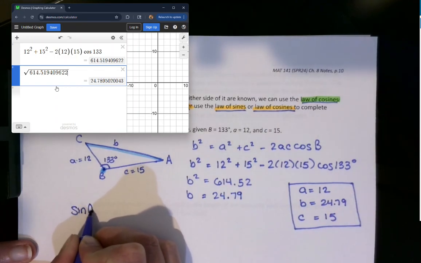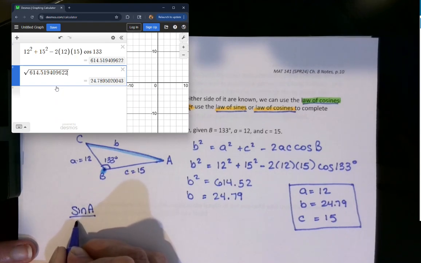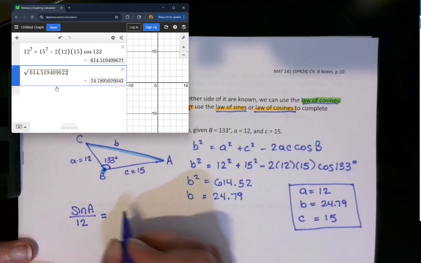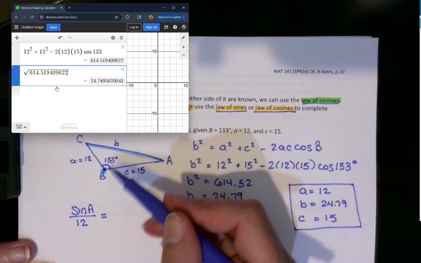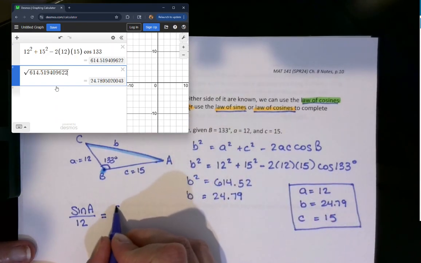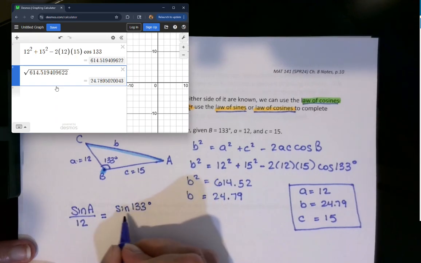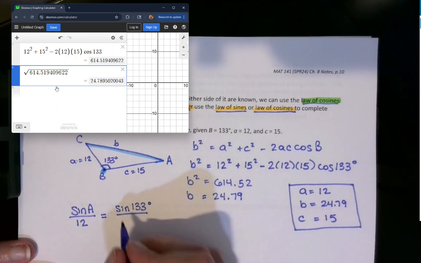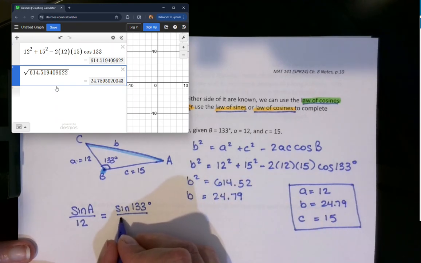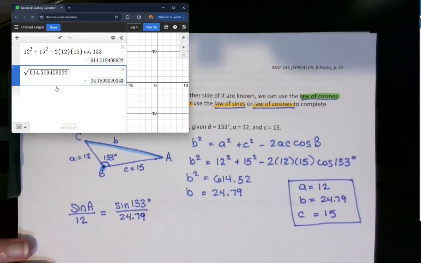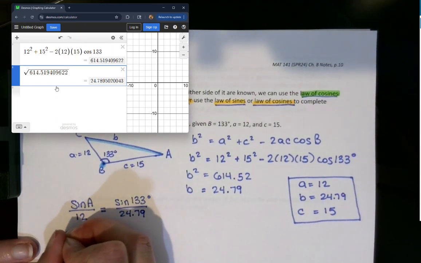So the sine of angle A divided by length of A, which is 12, is going to be equal to, I have to use B because that's the only one that I know the pairing of. So that's the sine of angle B, which is 133 degrees, over the length of B, which is 24.79. We're going to multiply that 12 over.